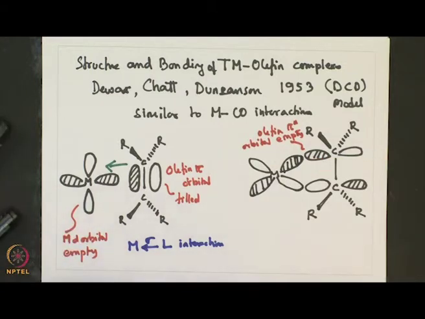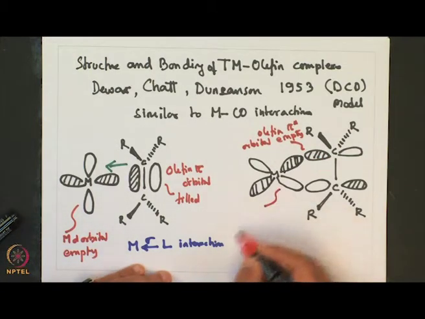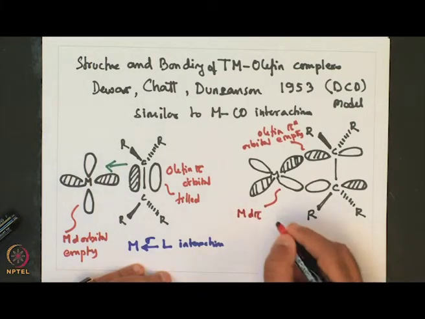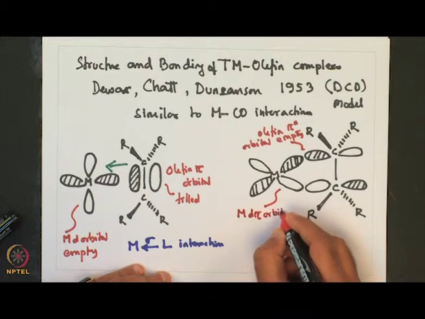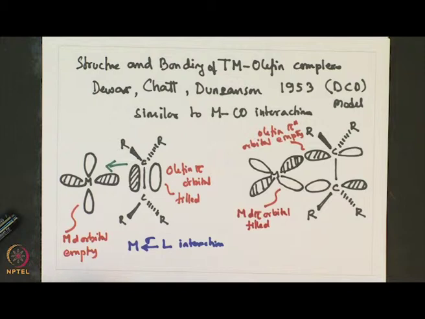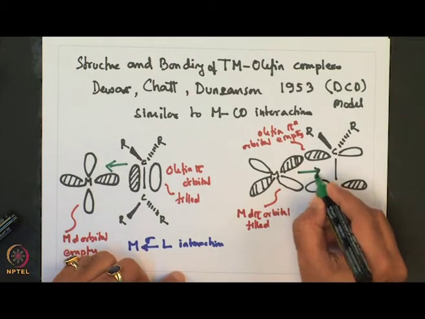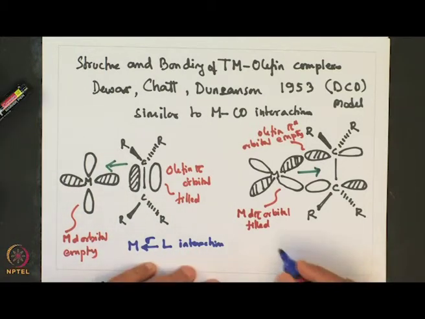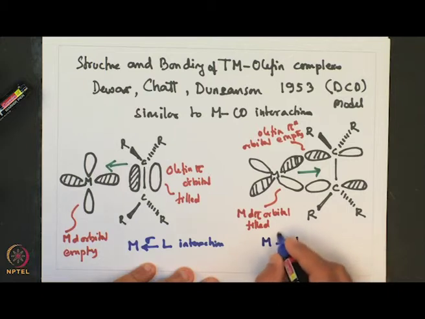And these are metal d pi orbitals, and these are filled orbitals. So, back donation happens from metal to ligand, and these interactions are called metal to ligand pi back donation.